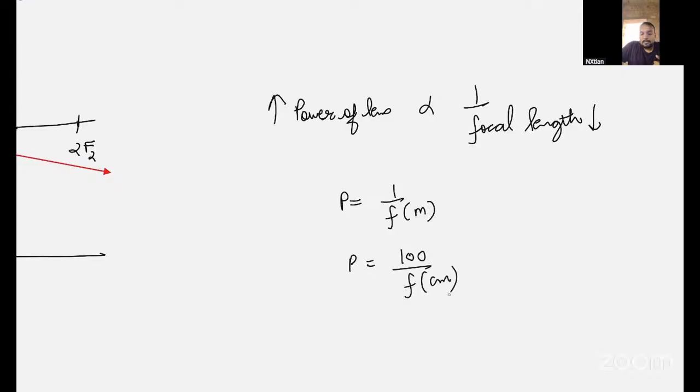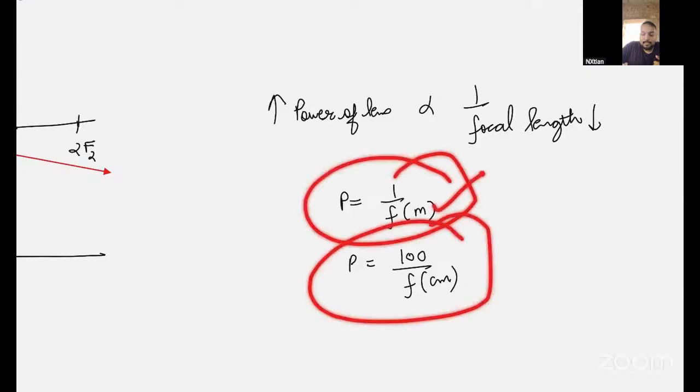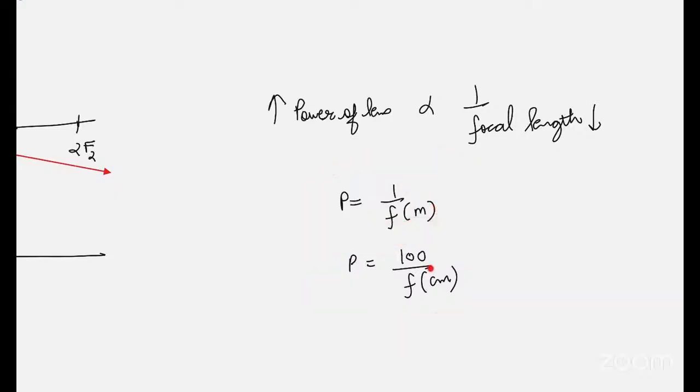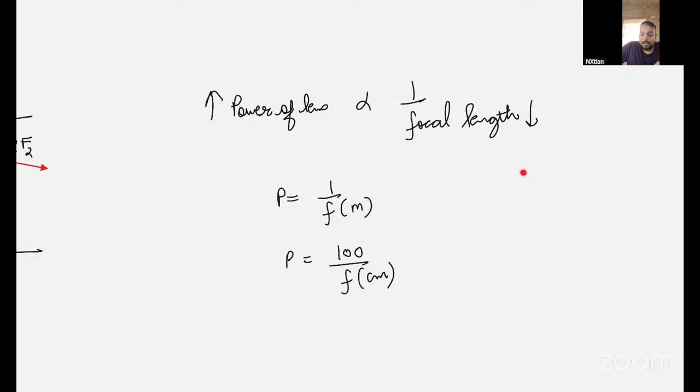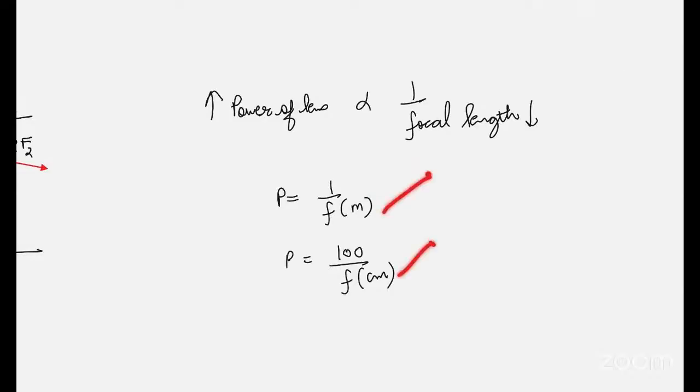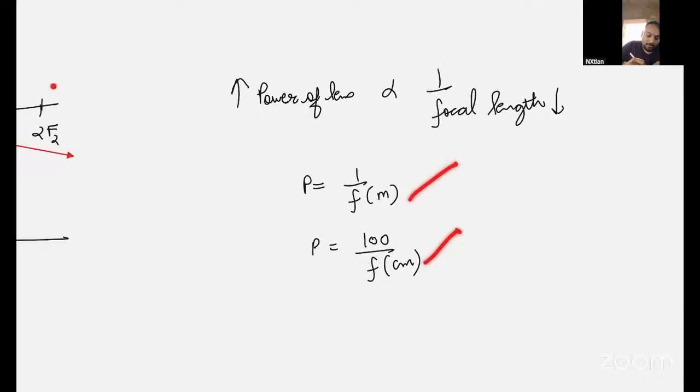They are both the same thing, but if meter is there, then 1 upon f. If centimeter is there, then 100 upon f. They are not two formulas, they are one formula, but focal length has different units. That is why we have these two.